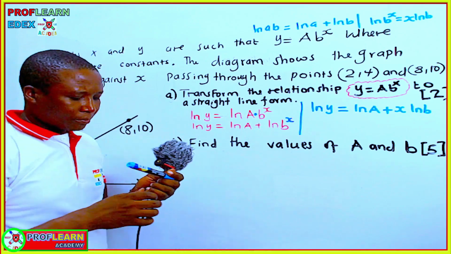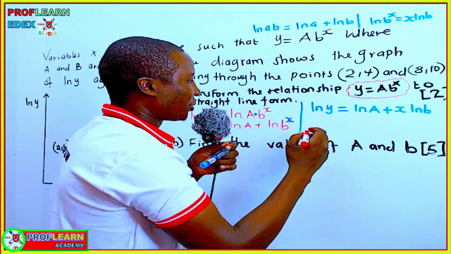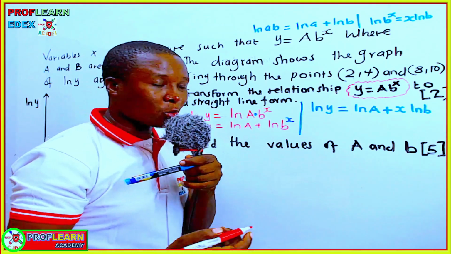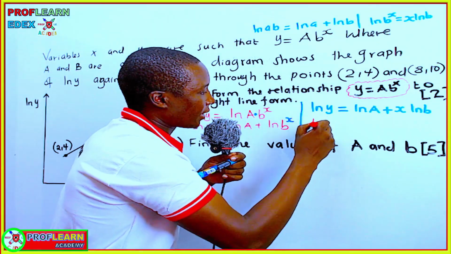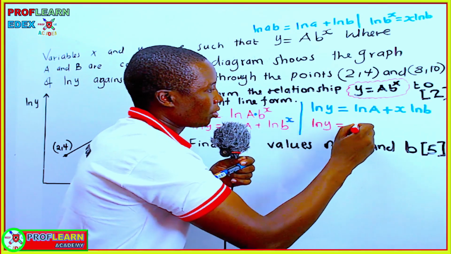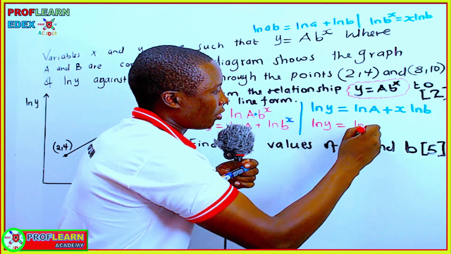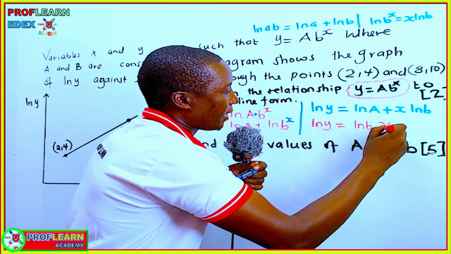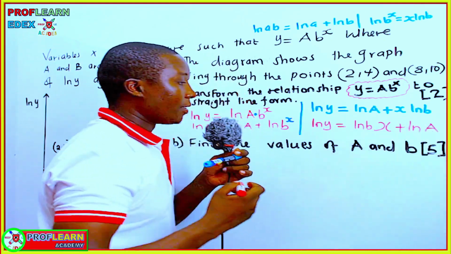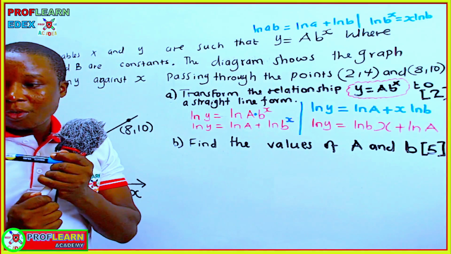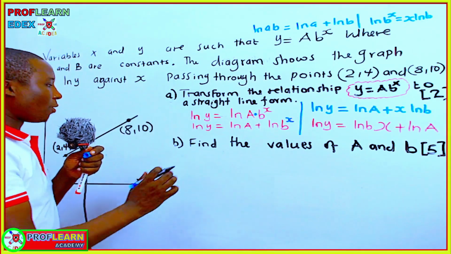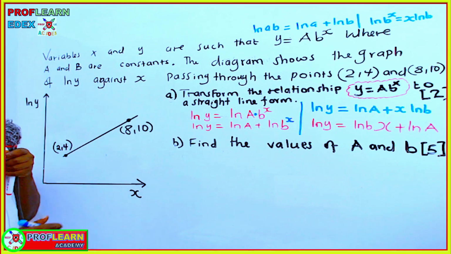Now, this means our equation is in the form y equals mx plus c. So if I write this as natural log of y equals natural log of b times x plus natural log of a, this one obeys the equation y equals mx plus c, which we are going to use to work out the question below.